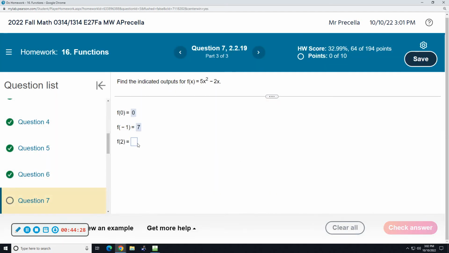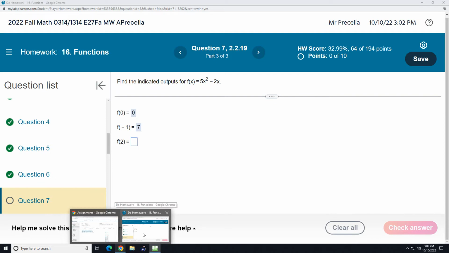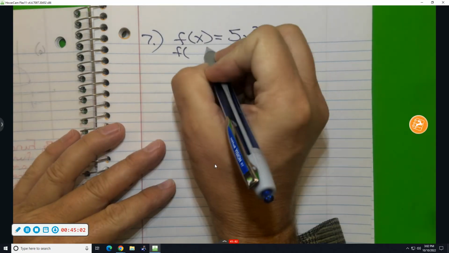What about f of 2? They want us to find f of 2.